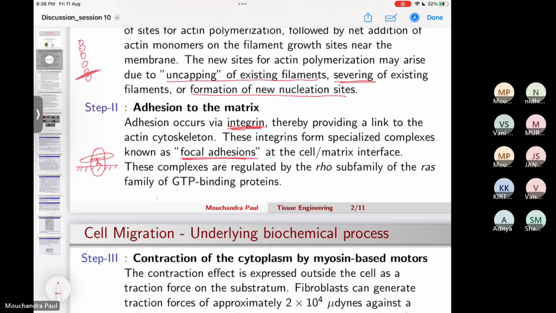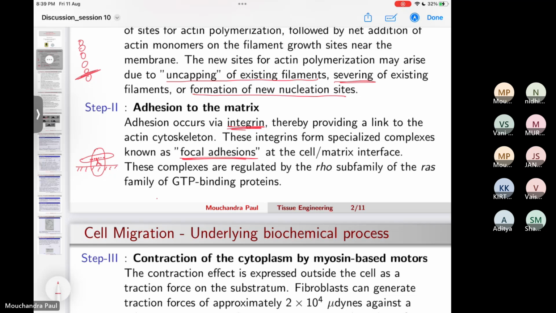Because of the formation of the membrane lamellipodia, it then adheres to the substrate, that is the matrix, via receptors called integrin receptors, creating focal adhesion points that are formed at the interface of the cell and the substrate.